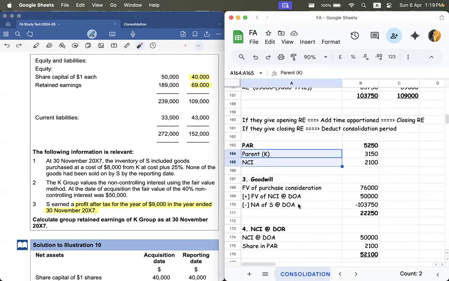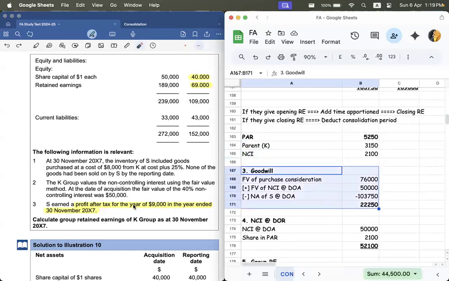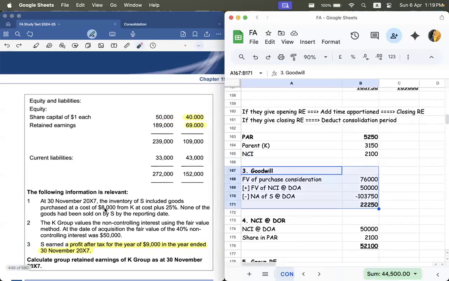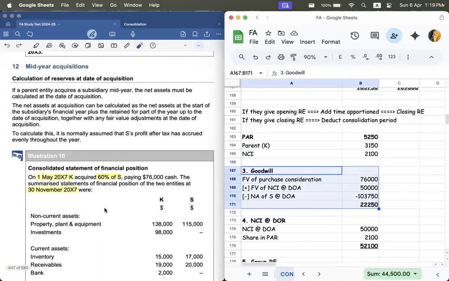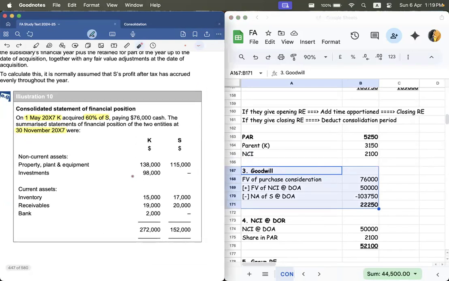Now working note 3, that is goodwill. For that, you need to know how much you paid for the company. Let's see if anything is given here. If it is not given, you go and find it through the investments category.